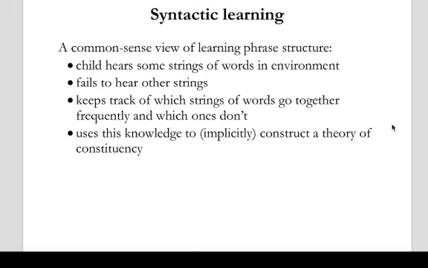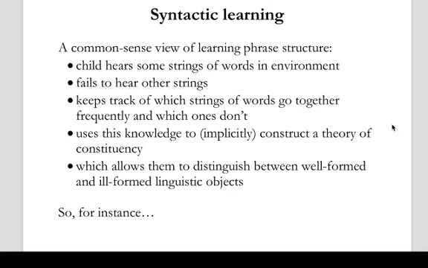And they're going to eventually use that knowledge to implicitly construct a theory of constituency. Once they have that, that's going to allow them to distinguish between well-formed and ill-formed linguistic objects, and that's how we get to be adults who have strong intuitions about grammaticality that all seem to mirror constituent structure.